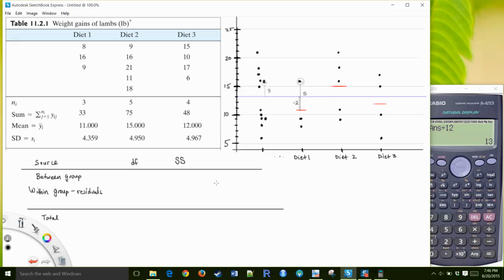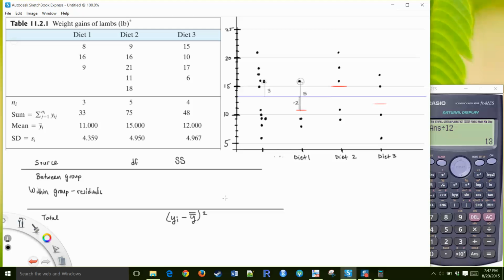What we are going to do is say each data point is different from its own group's mean, and we are going to add that up.